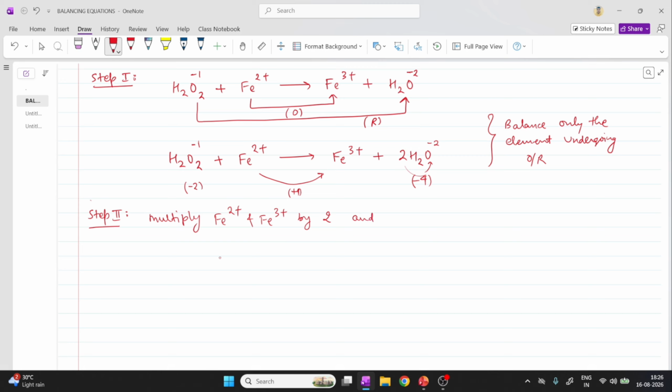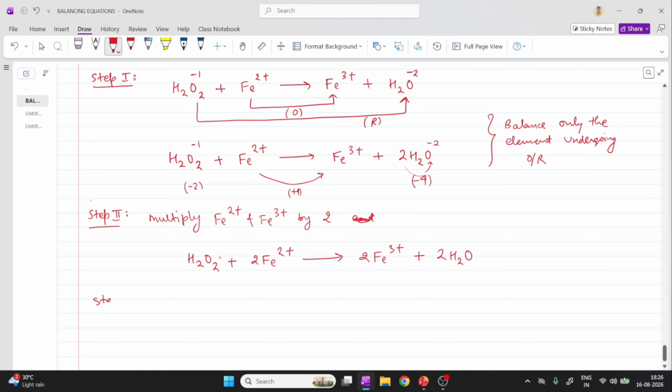Just multiply Fe2+ and Fe3+ by 2. So the final equation that we have is H2O2 plus 2Fe2+ gives 2Fe3+ and 2H2O. So this is the equation.